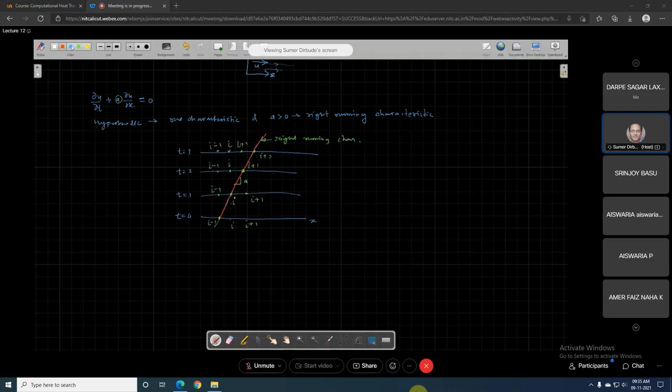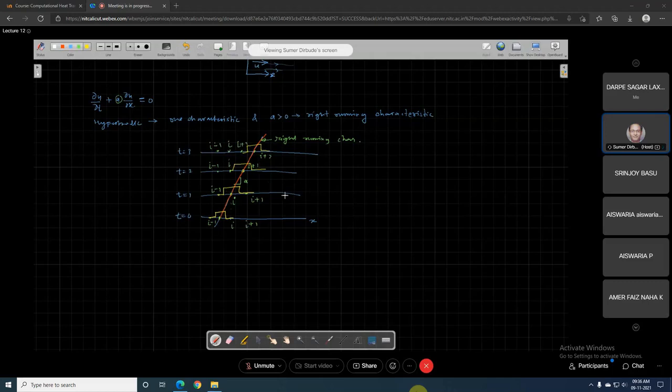This also means that if any solution is here, suppose this is the initial solution throughout this domain, now this solution will keep on copying itself at other times. The same solution will repeat.